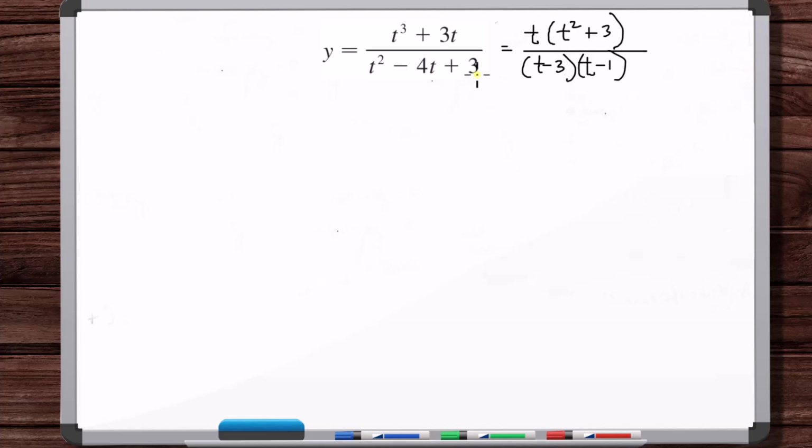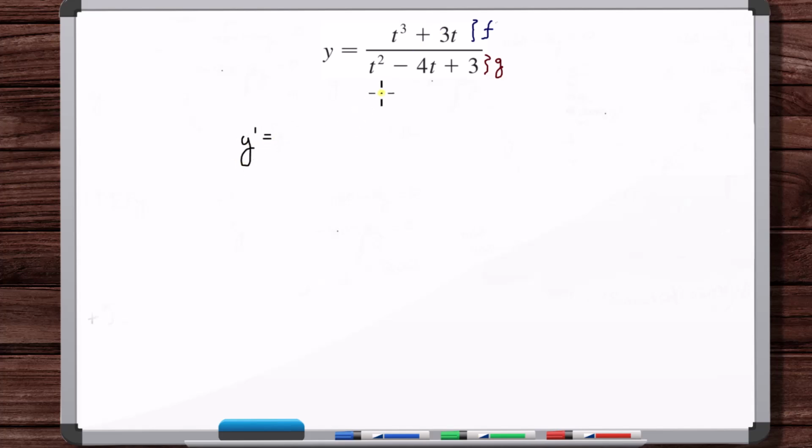So that we can't do anything with that anyway. So we've got, this is f of t, we'll just put f, and this is g.